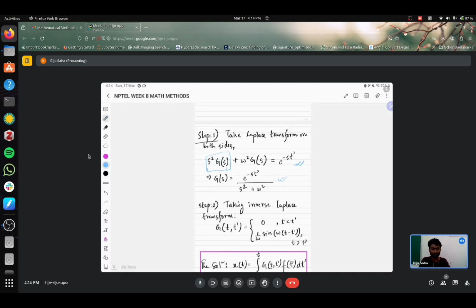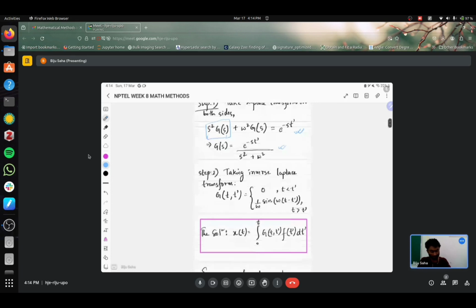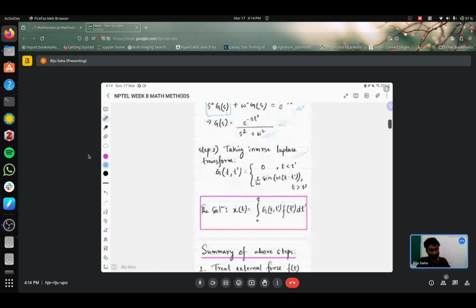This is the Laplace transform of the Green's function. To get the Green's function, we take the inverse Laplace transform. So we take the inverse Laplace transform of this expression, and this is what we get.